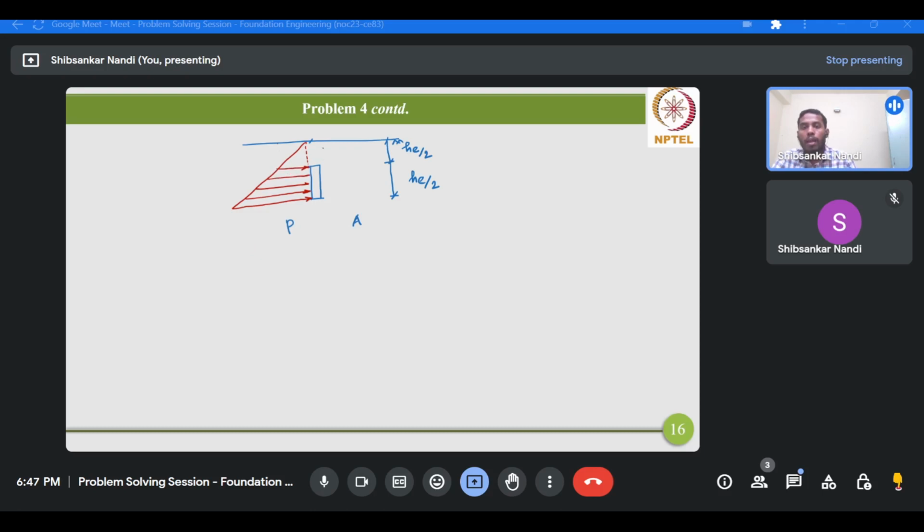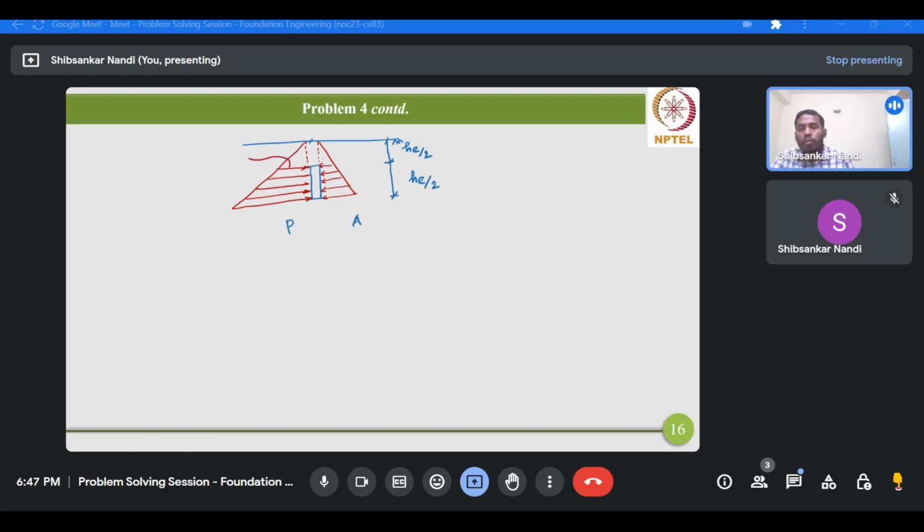Okay, so this is the passive earth pressure distribution. And for the active earth pressure distribution, we will consider the earth pressure distribution only for the anchor width.